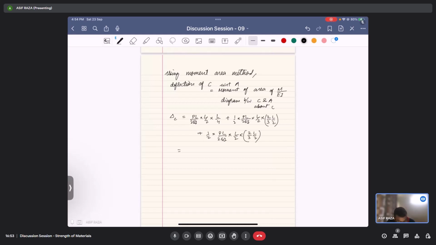Let's calculate it. First thing will give me PL cube by 16 EI.